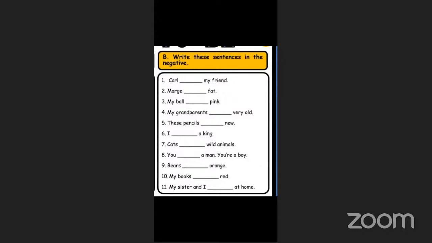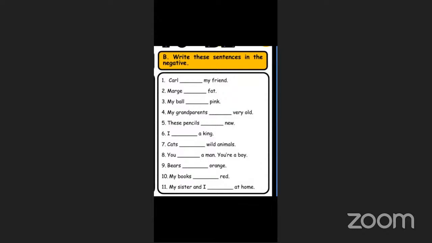Then number 4. My grandparents blank very old. You have a plural form there. Plural form subject. My grandparents. So you have to use the be verb are and the negative form is are not. My grandparents are not very old.